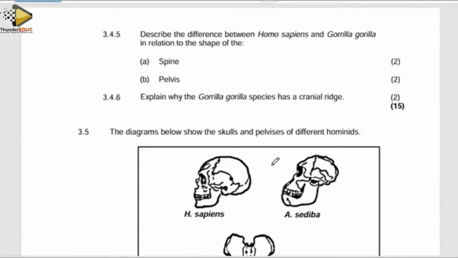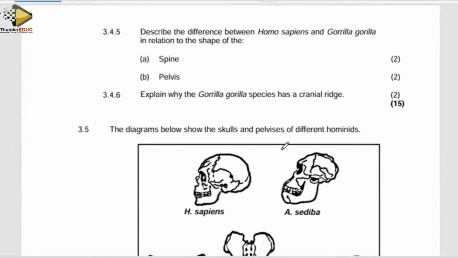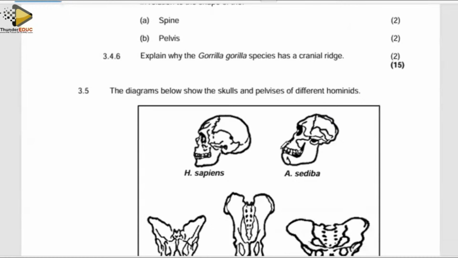They are saying, explain why the gorilla species has cranial ridges. It depends on what it was feeding on. Because the gorilla was feeding on raw tough food, therefore it requires muscles to be able to chew that food. So basically those ridges are responsible for muscles.